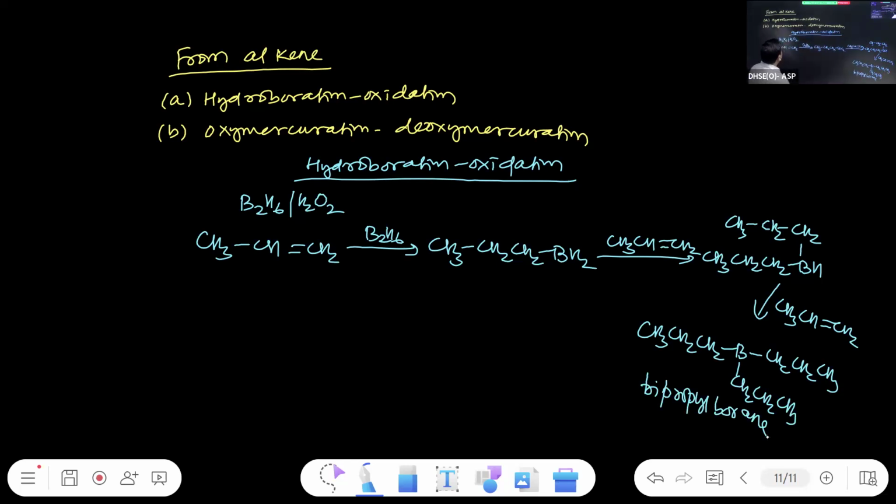Up to this, the reaction is named hydroboration. Then oxidation will happen.